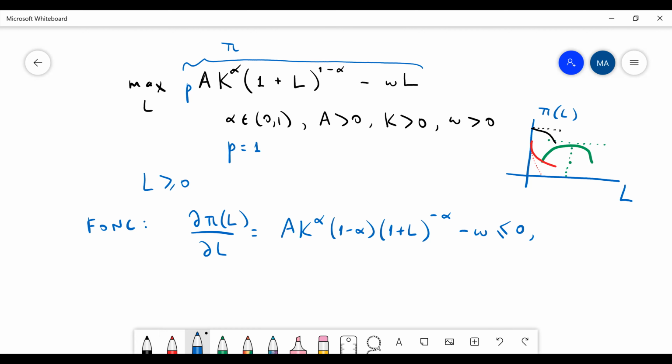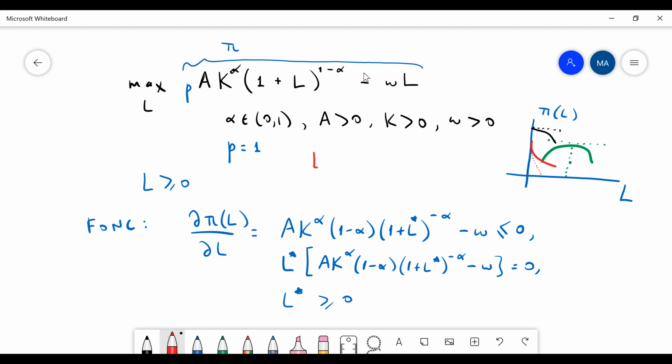So for this reason, we want this to be true, right? The first condition will be this. The second condition, of course I can put stars here, will look like that: (1 plus L star)^(-alpha) minus W equal to 0. And finally, L star must be greater than or equal to 0. Now, how do you proceed from there? Be careful.